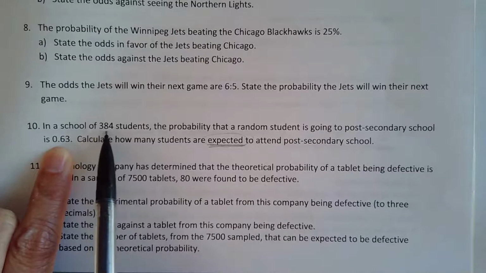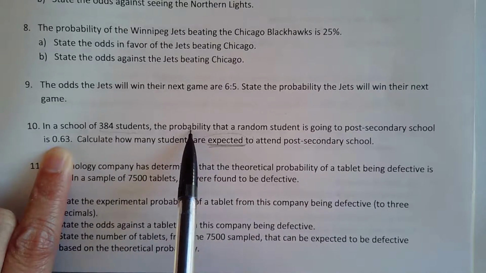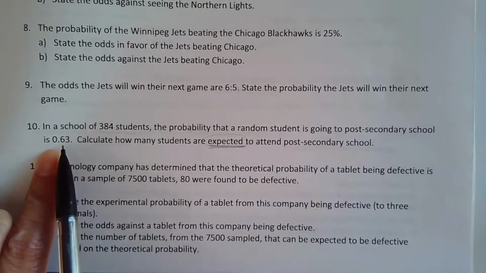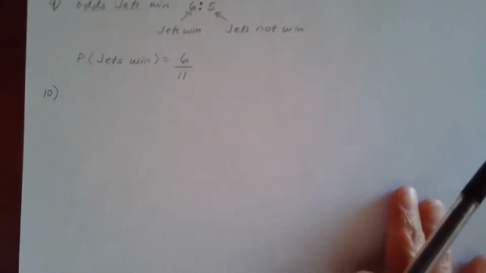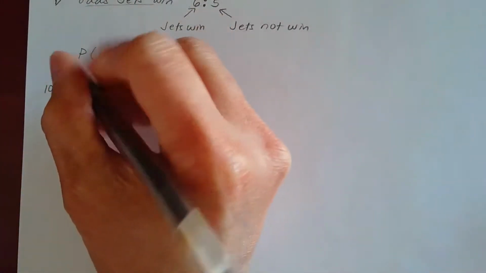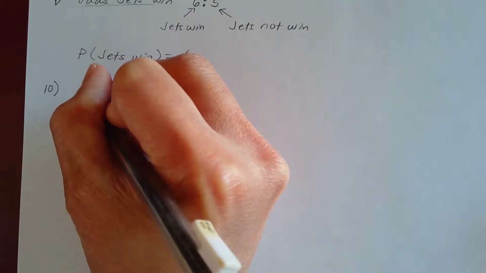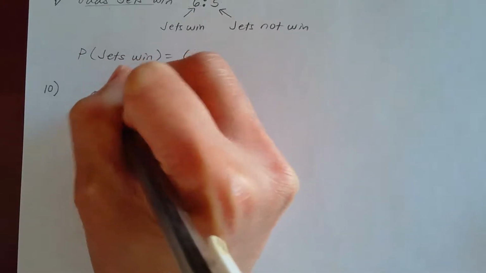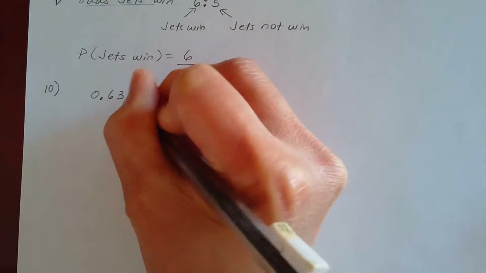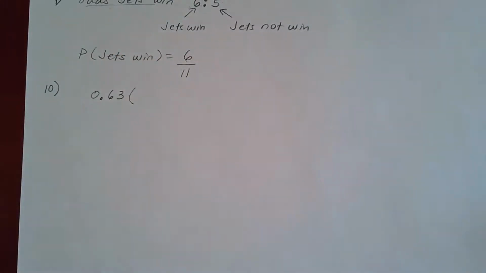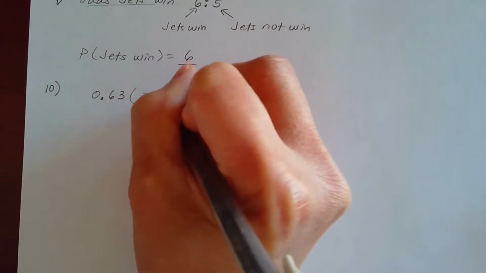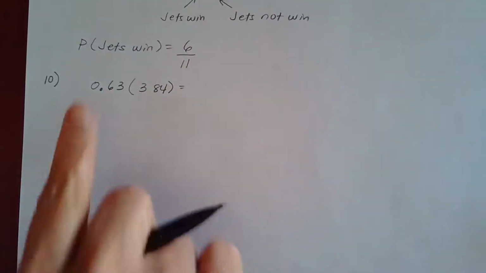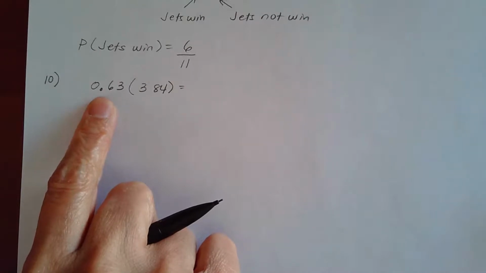So in a school of 384 students, the probability that a student is going to go to post-secondary is 0.63. How many are we expecting to go to post-secondary? So expected value in this case is 0.63 times how many there are, 384.